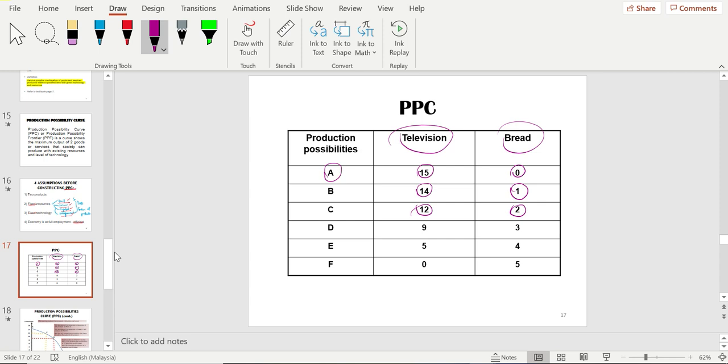But bear in mind, if you can see here, for point A and point F, there is a problem there. Why? Because in this combination, only one product is being produced, TV saja. They are not producing bread. Same goes for F. They are only producing bread, they are not producing TV.